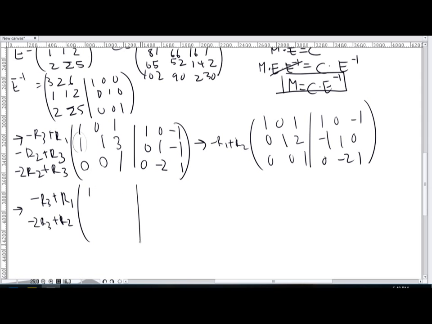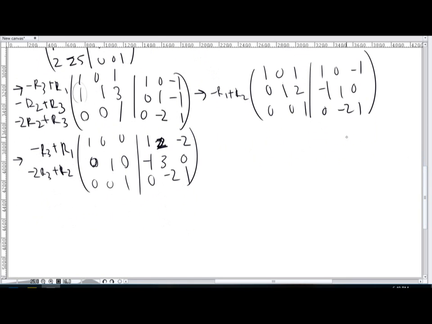So this would become 1, 0, 0, 1, 1, 2, -2, and then the second row 0, 1, 0, -1, 3, 0, and then the last row is just the same. Okay, so this is our inverse of E.